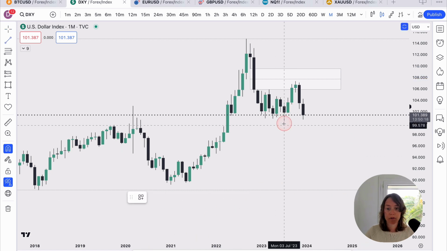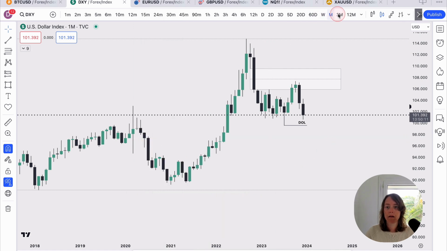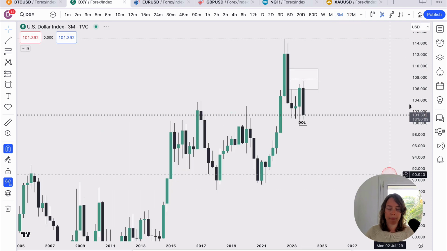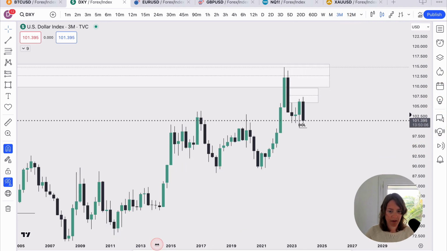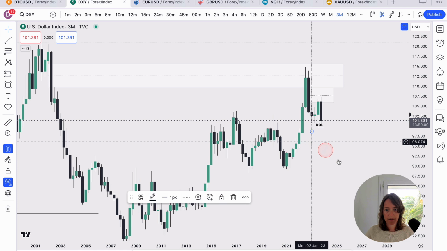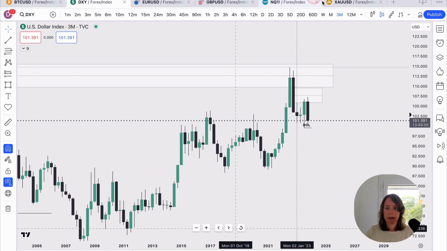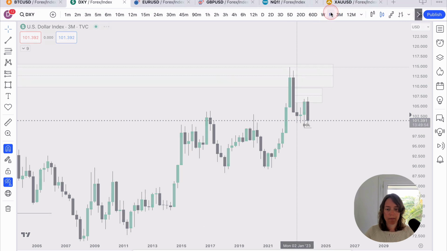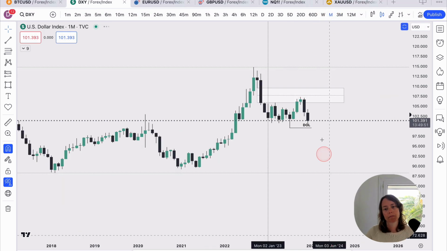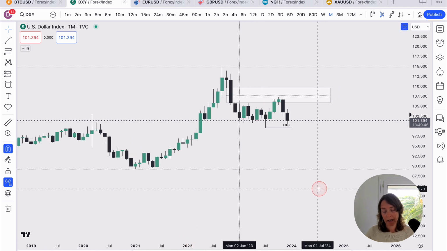So right now, the first draw on liquidity, of course, is over here. But if we look at the longer term, this was the whole year of 2023. So we started over here and we created 4 quarters. And if we look at this on a monthly chart, you'll see it was a really tight range year.